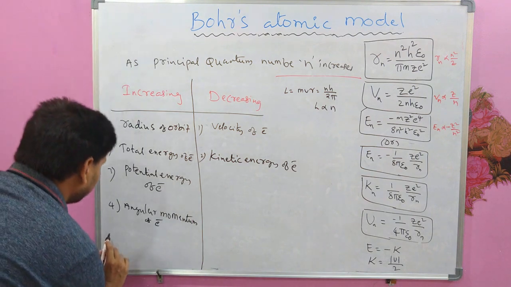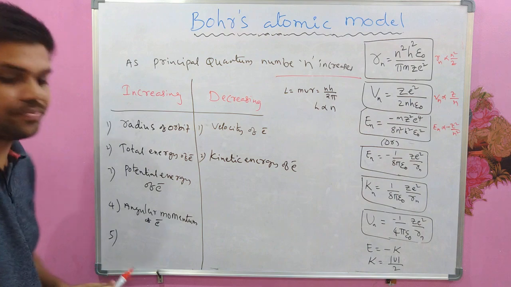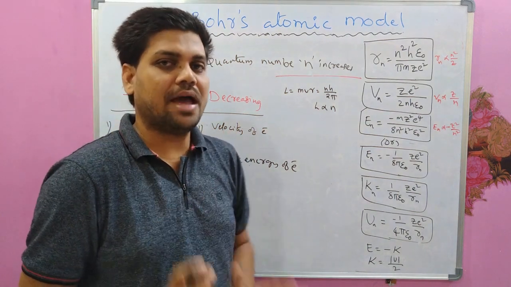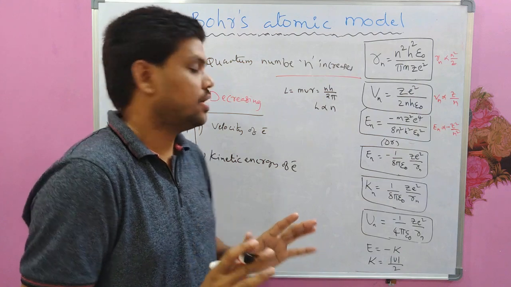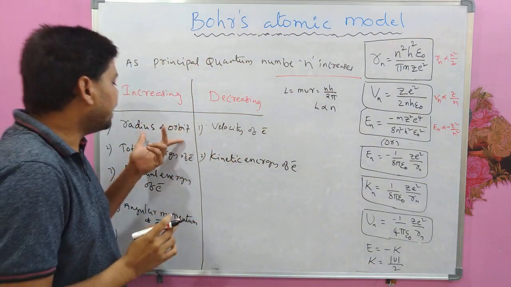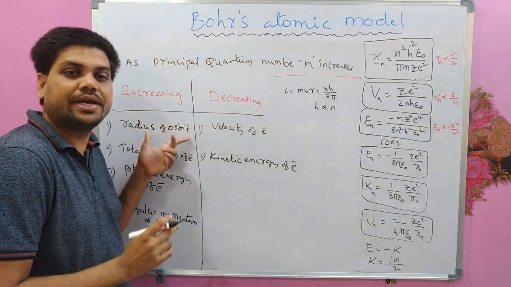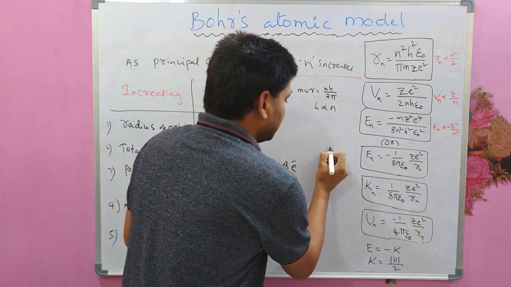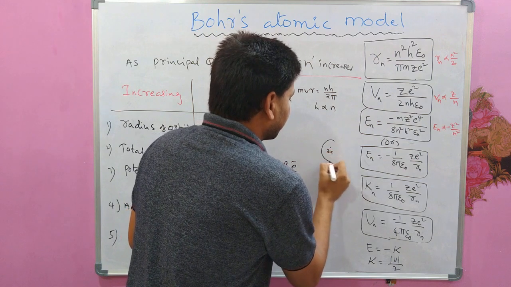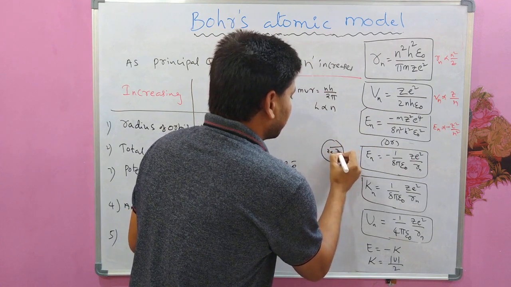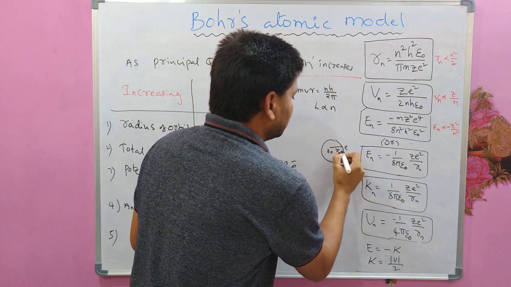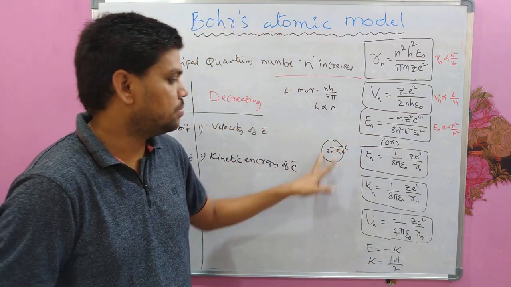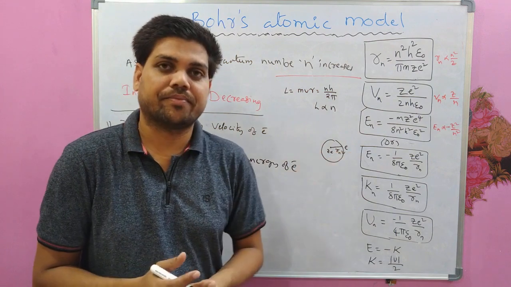And the next thing which we can observe here is very, very important, and you have to imagine this. What is happening if n is increasing? The radius of the orbit is increasing. For example, this is Ze, this is Rn, and the electron is revolving around the nucleus in the nth orbit, whose radius is Rn.